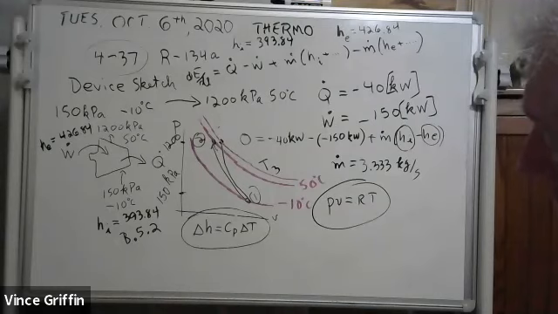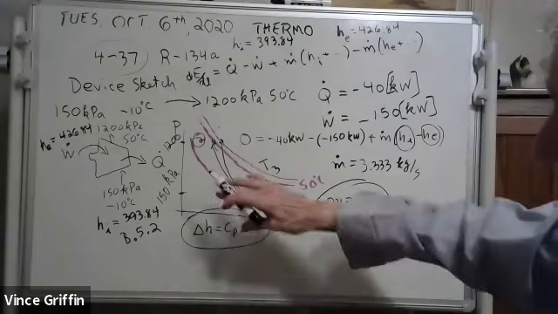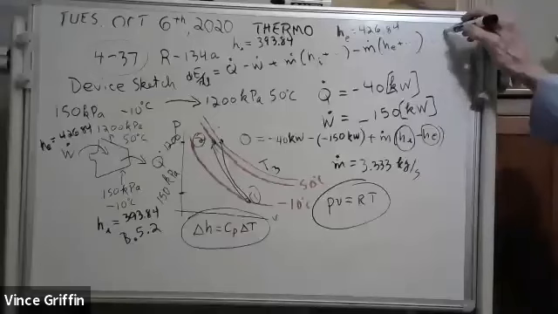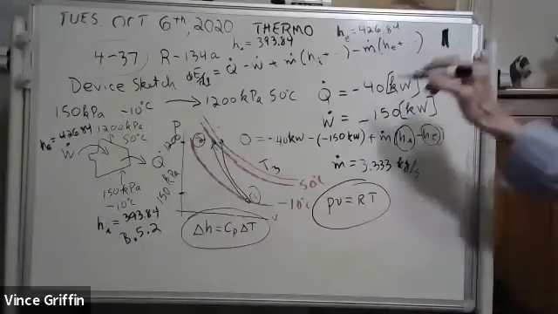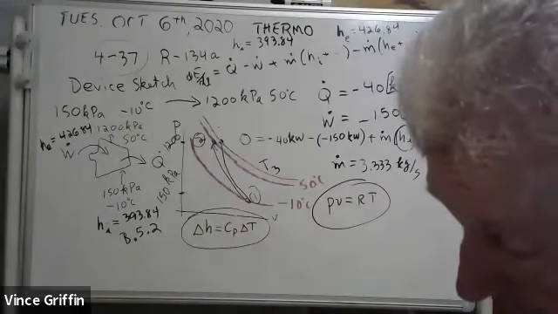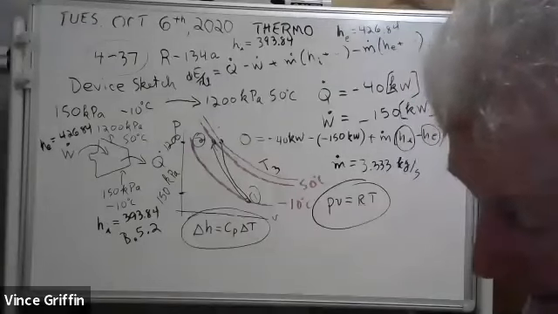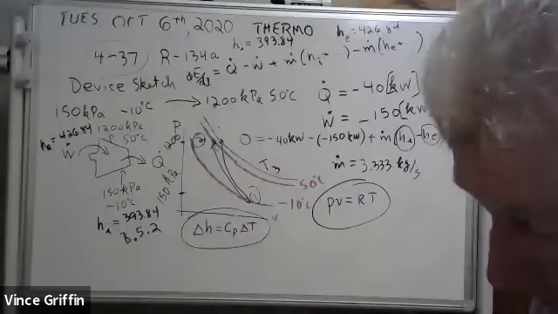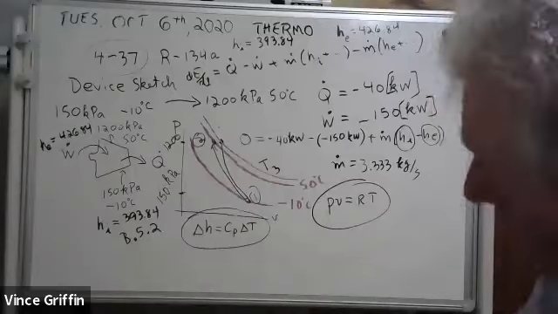Nathan has just shown me I did this all wrong, and I'm going to give Nathan a humongous thank you point, because you know what I did wrong, Nathan? I didn't put my vapor dome in there. This is all wrong.